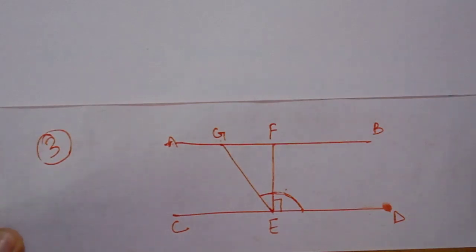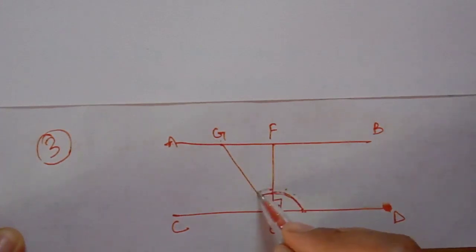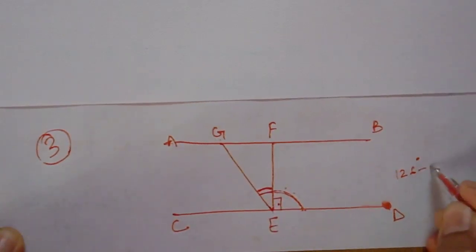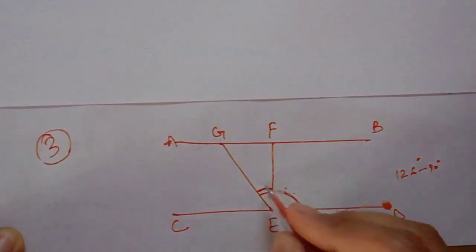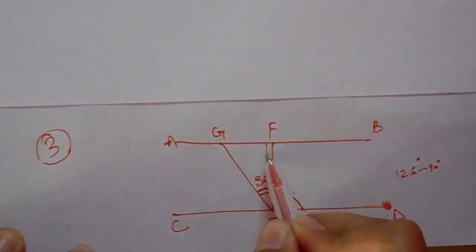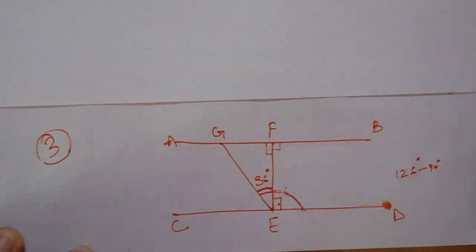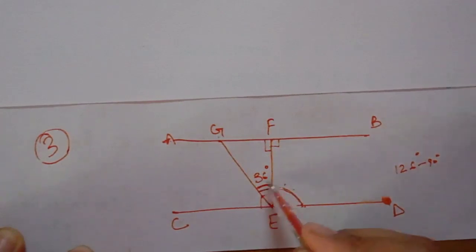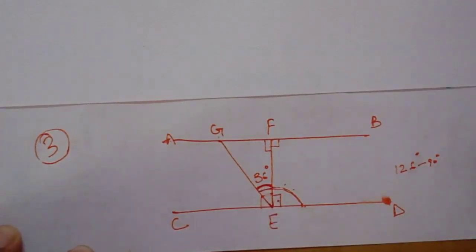So first of all, we have to find all angles. So listen, this is 90 degrees, this is 126 degrees. Then what is the value of this angle? The value of this angle is 126 degrees minus 90 degrees, so definitely it is 36 degrees. This is also 90 degrees because it is perpendicular, and out of 90 degrees it is 36.